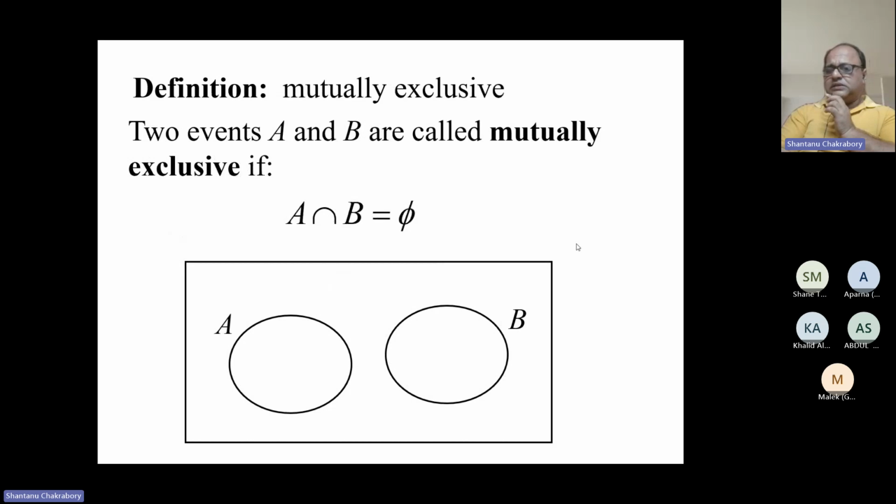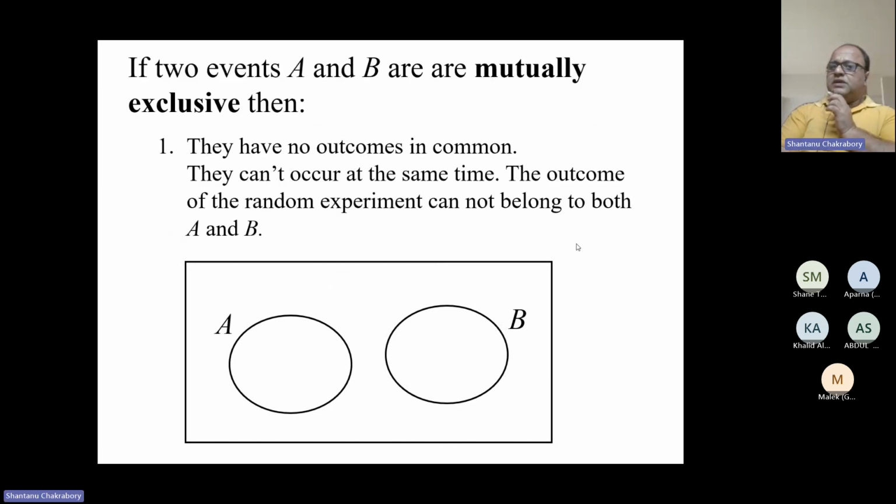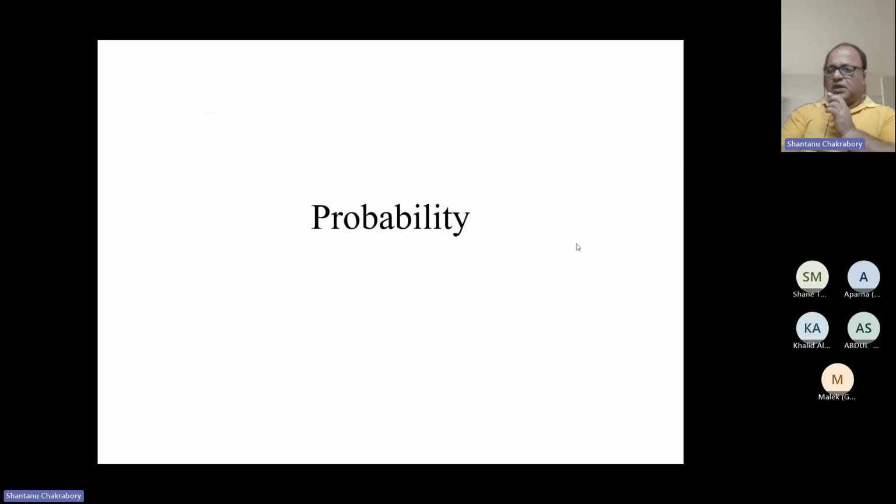If the two events are mutually exclusive, they have no outcome in common. They can't occur at the same time. The outcome of the random experiment cannot belong to both the events A and B, right?